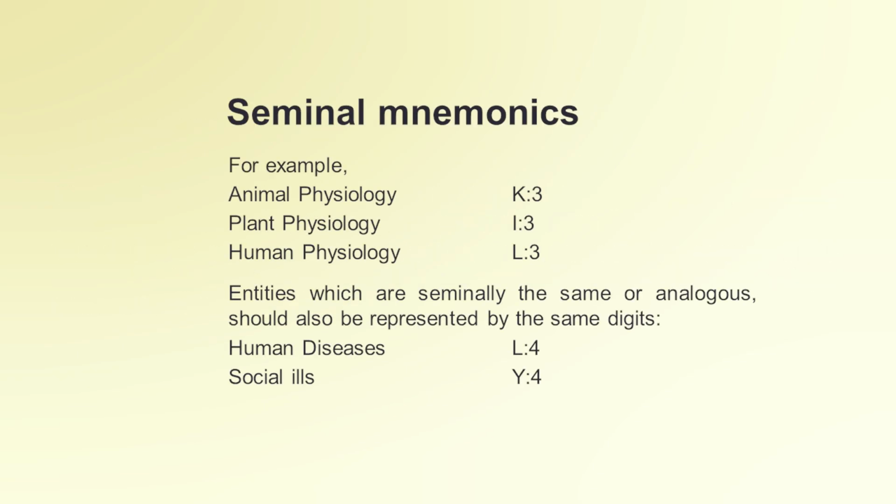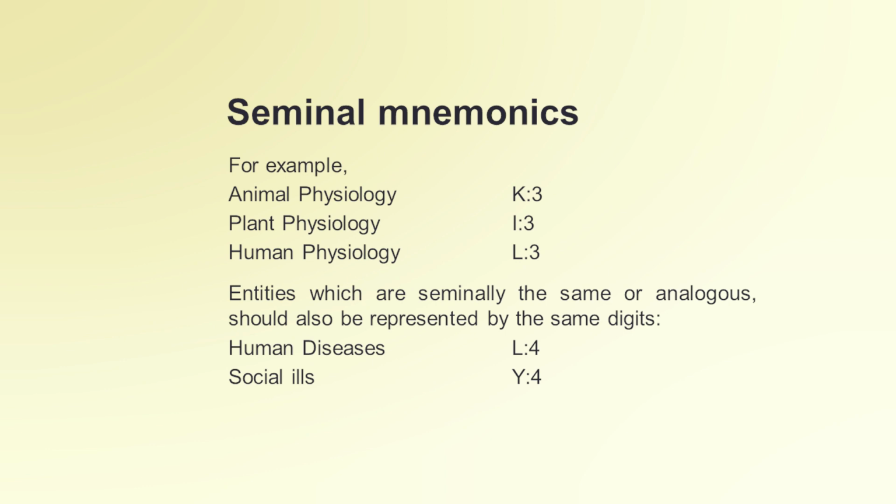Here we present examples for seminal mnemonics such as animal physiology, main class zoology K, and then physiology in the energy facet is denoted by the notation 3. So, K:3. This way, plant physiology is denoted in the main class botany I as I:3, and human physiology in the main class medicine is denoted as L:3.